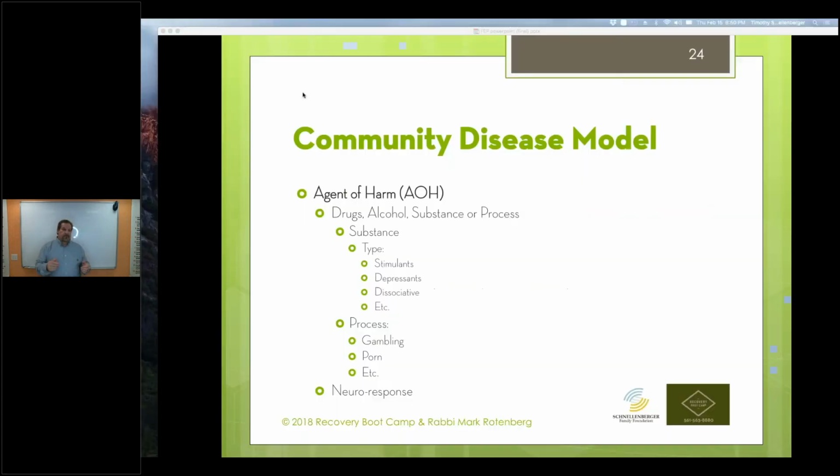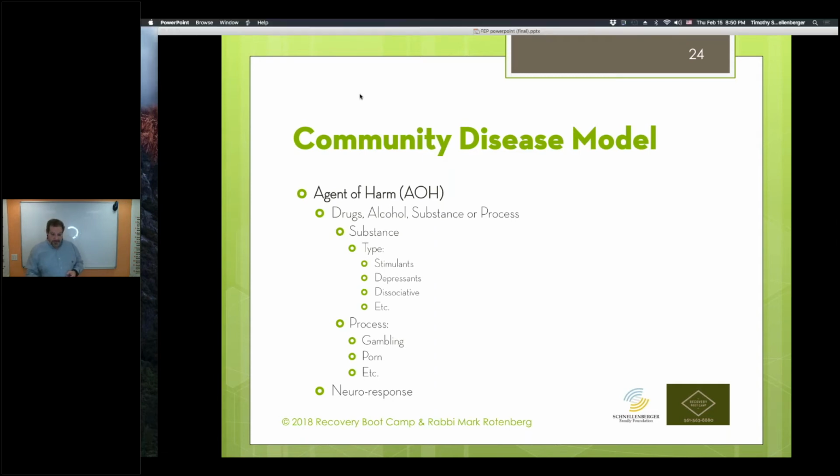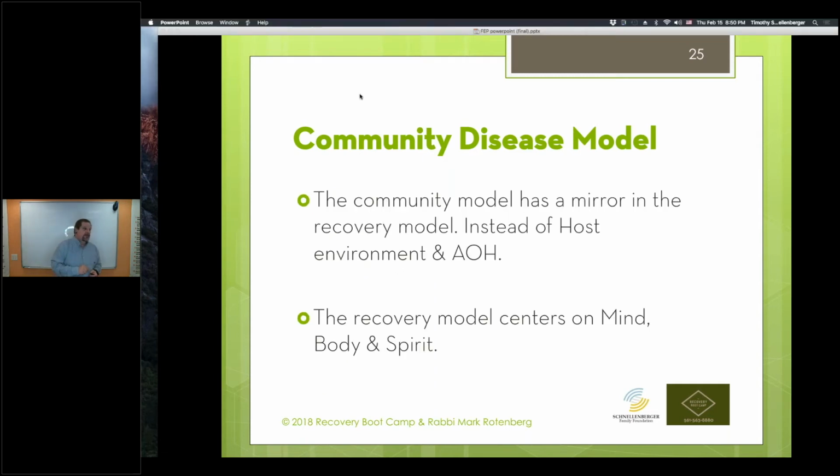So some of you are familiar with the recovery model very well. So again, it's a triumvirate model. So the community model does have a mirror in the recovery model. Instead of the host, environment, and agent of harm, it is mind, body, and spirit.